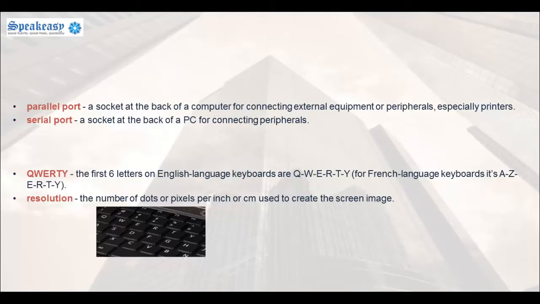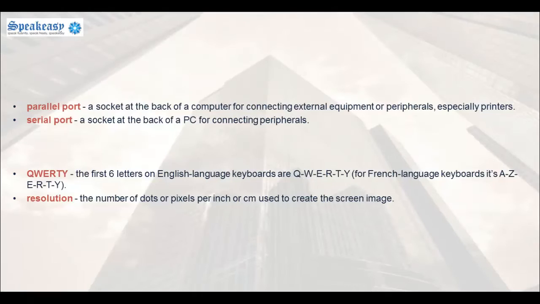The first 6 letters on English language keyboards are Q, W, E, R, T, Y. For French language keyboards, it is A, Z, E, R, T, Y. Resolution. The number of dots or pixels per inch or centimeter used to create the screen image.